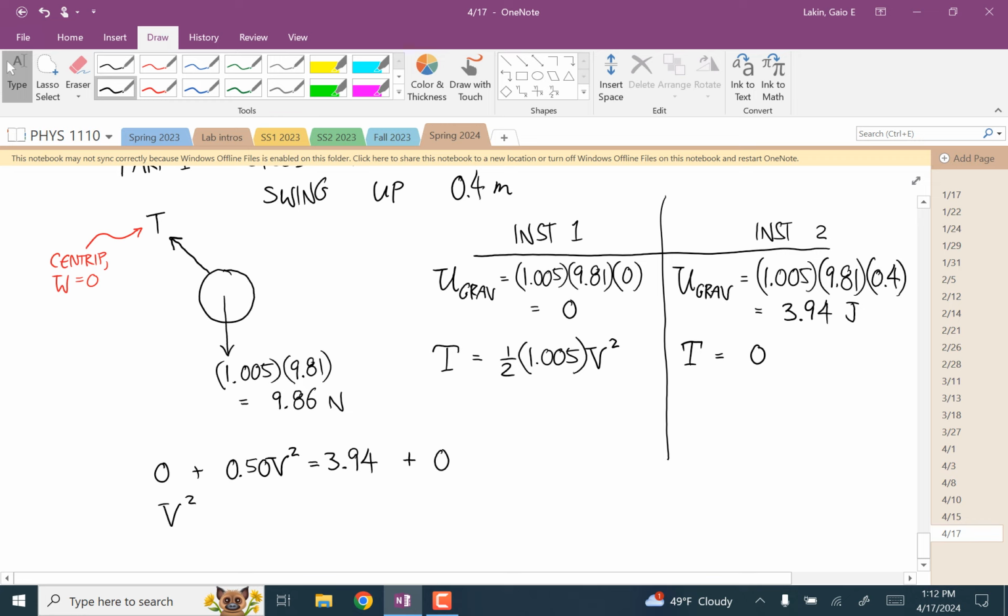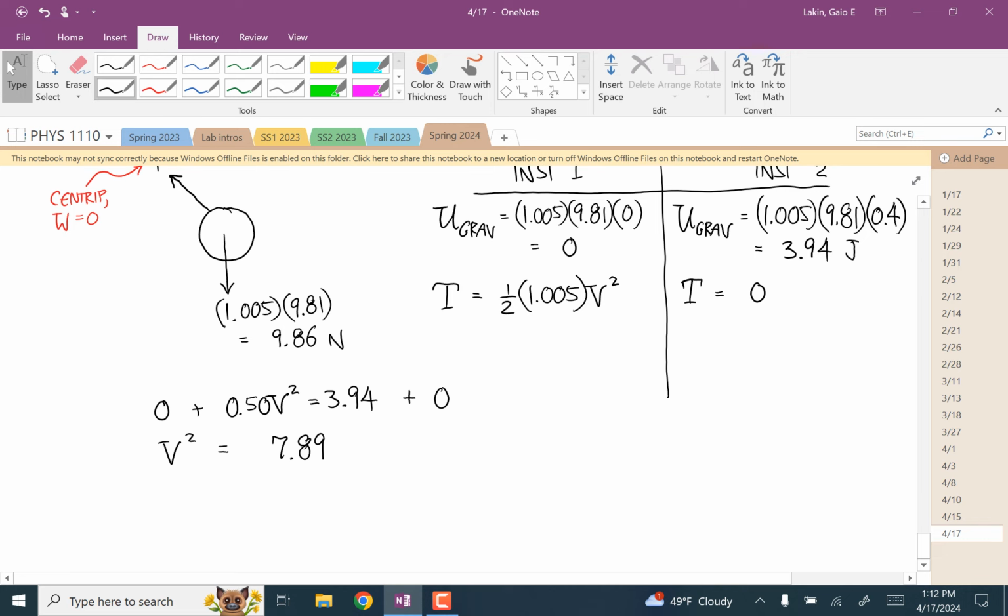And so v squared is equal to 7.89. And so the speed at the bottom of the swing is 2.81 meters per second.